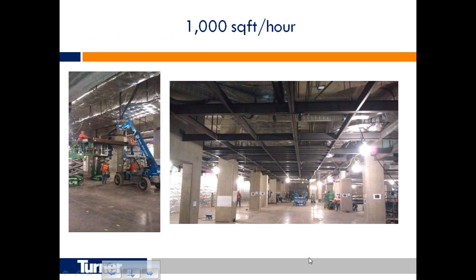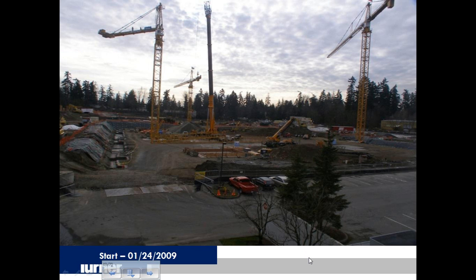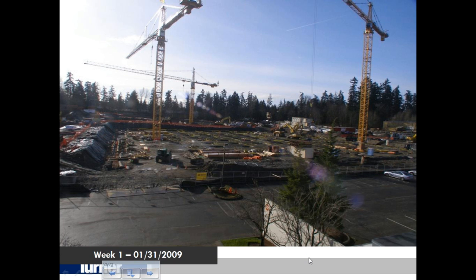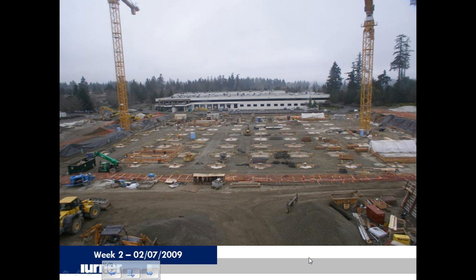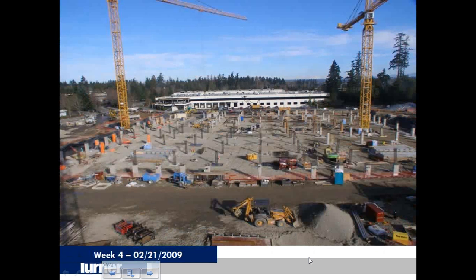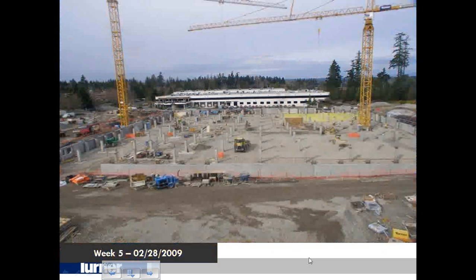And then we talked about moving at 1,000 square feet per day. In this particular case, the prefabrication of these steel units, we were able to build at 1,000 square feet per hour. The results, you can see these are weeks to weeks project. When everything's pre-planned, everybody knows where they're moving.